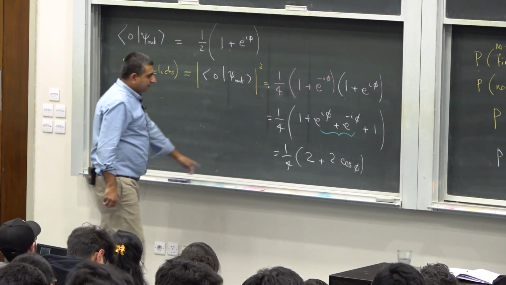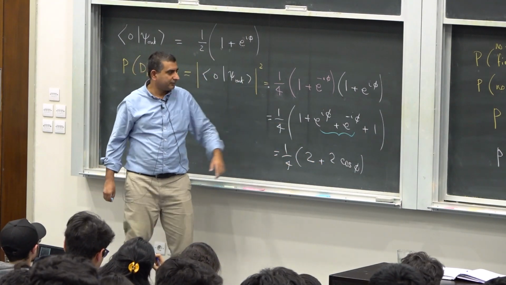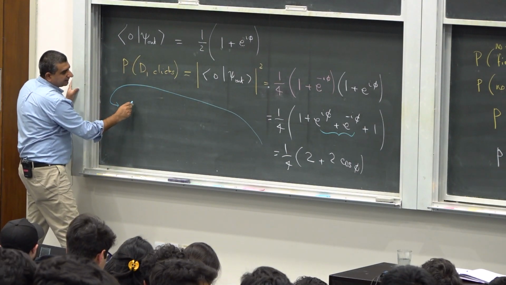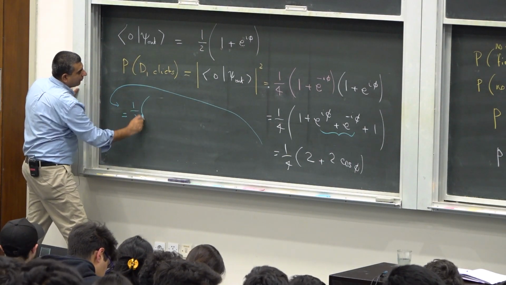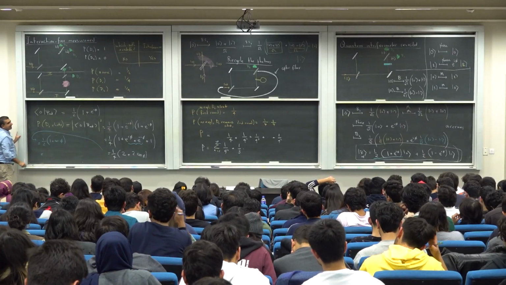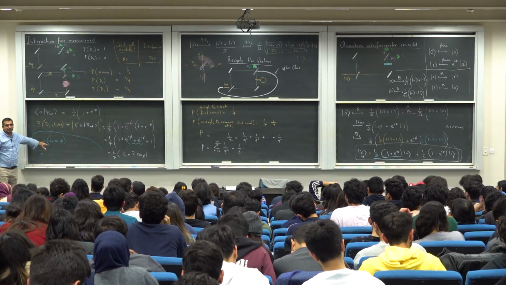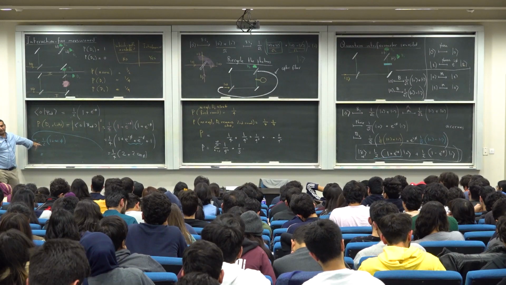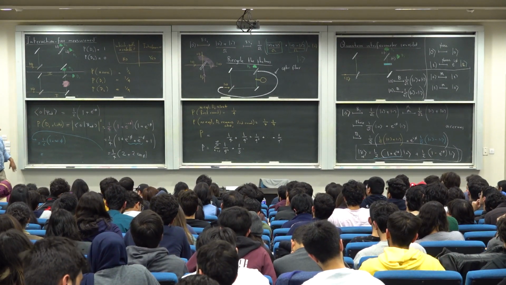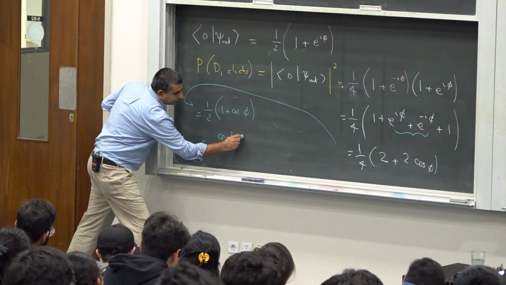Is this a real number? Yes. So this is 1/2 (1 plus cosine phi). Now there's another trigonometric identity which simplifies this even further. Can I rewrite this as something else? I can write this as cosine square of phi/2.